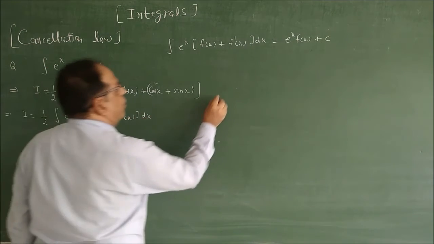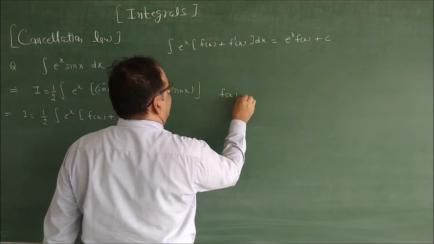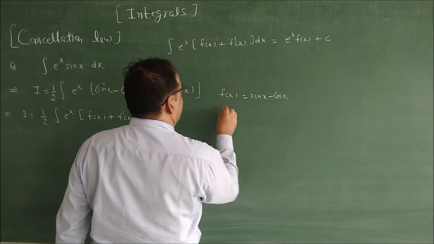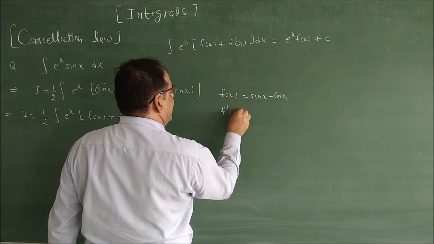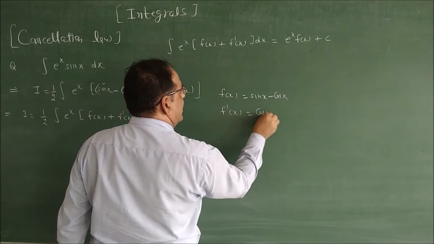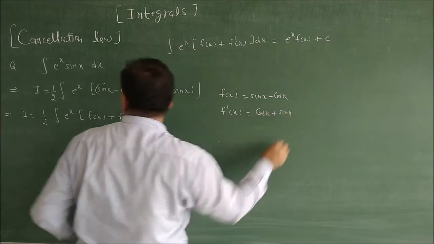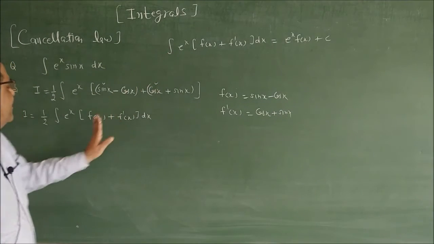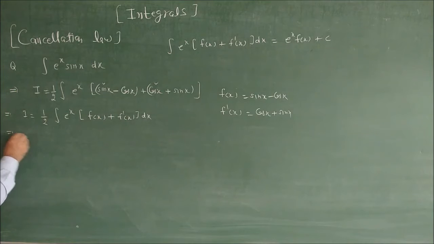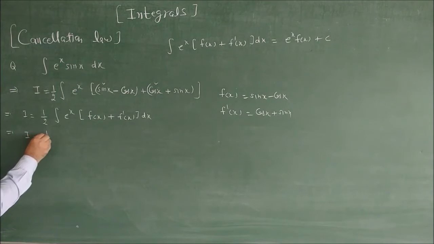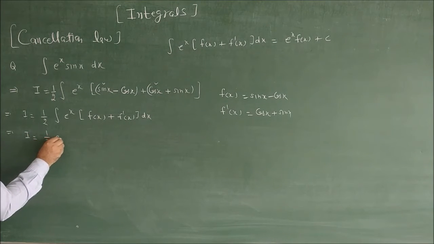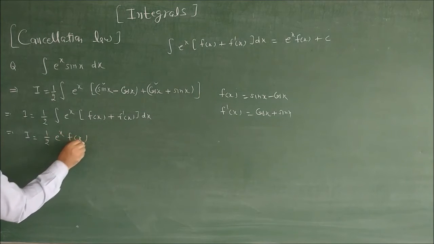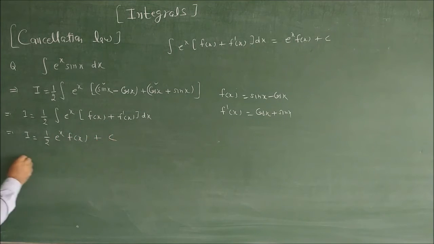Why? Because f(x) we select here is sin x minus cos x, and the differential of f(x), f dash x, is cos x plus sin x. So this becomes f(x), and this is f dash x. So now the solution is I equals 1 upon 2 e to the power x f(x) plus c.